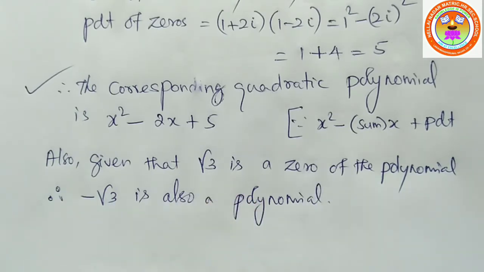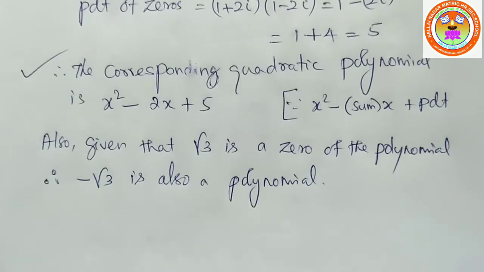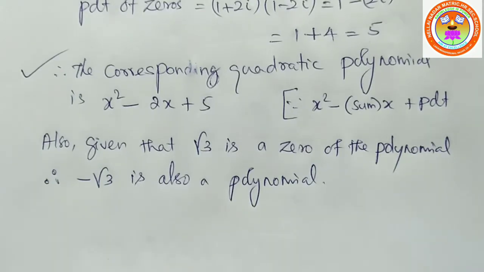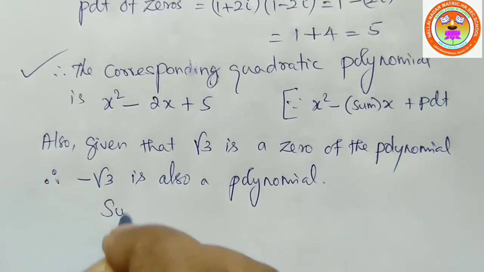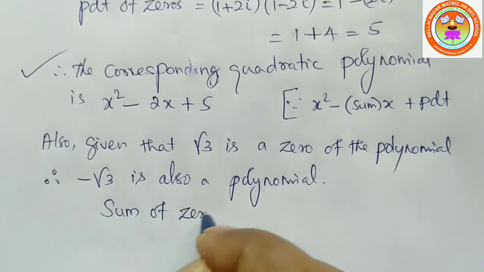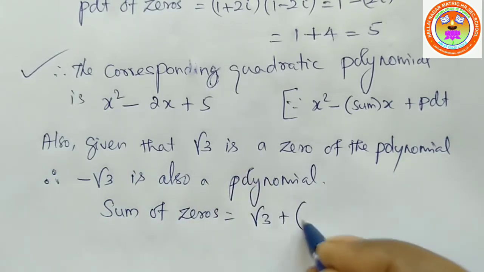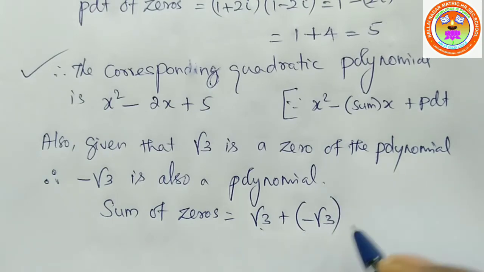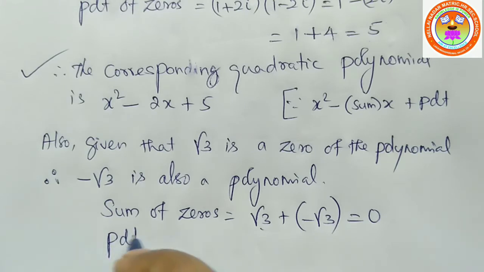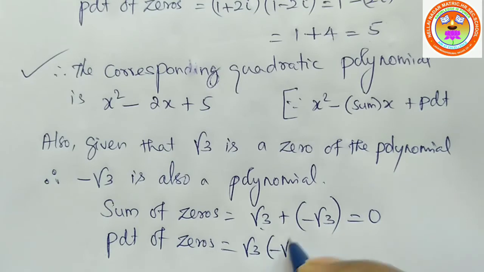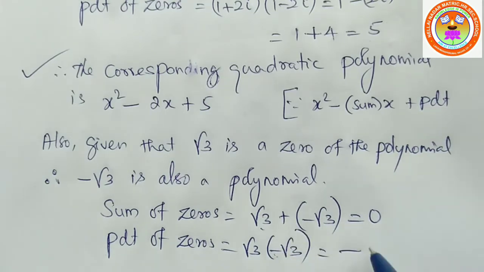For these two zeros, again we can create another quadratic polynomial. First we find the sum of zeros: root 3 plus minus root 3 is 0. Now the product of zeros is root 3 into minus root 3, that is minus, root 3 into root 3 is 3.